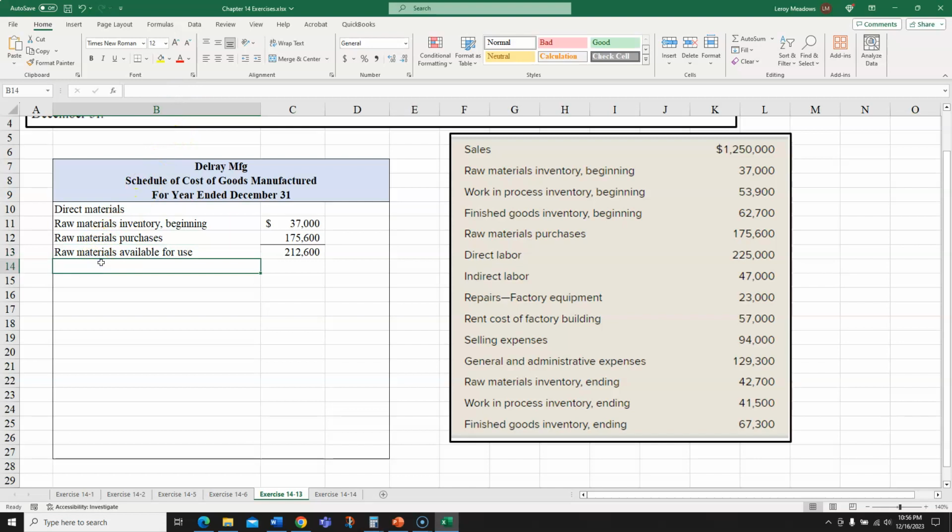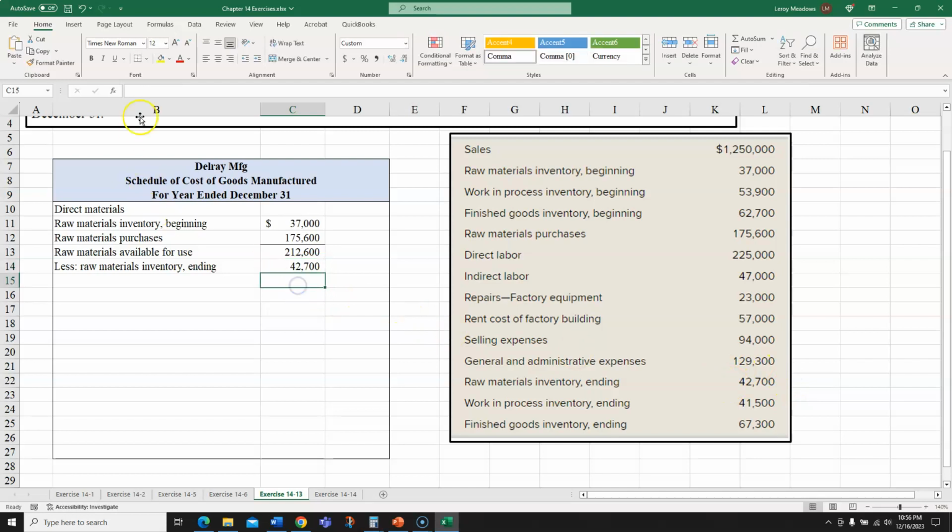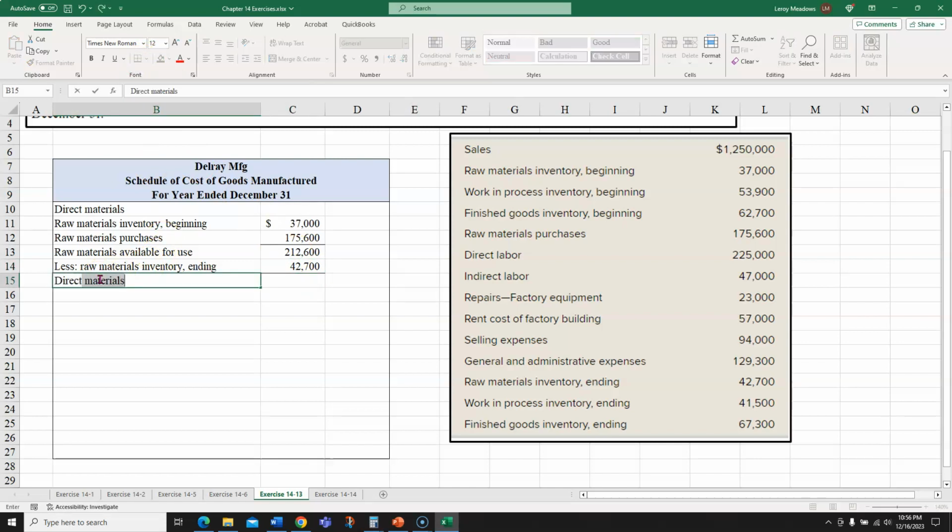Let me get rid of that annoying comma there. Now from that, I want to subtract out my ending inventory. So less raw materials inventory ending. And how much is my ending inventory? 42,700. I see that right here in the chart. So 42,700. And this is my direct materials used.